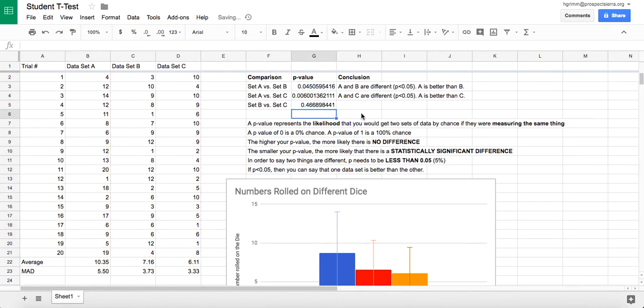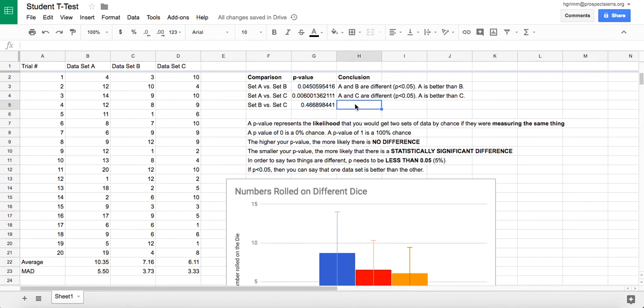Here it tells me that my p-value is 0.466. Now that is bigger than 0.05, which means that there's a 46% chance that I would get those two data sets if I was rolling the same die. That's not enough for me to say that those two things are different.